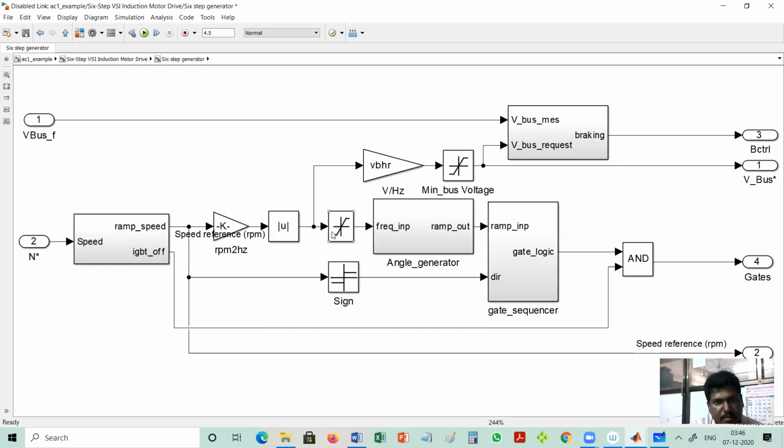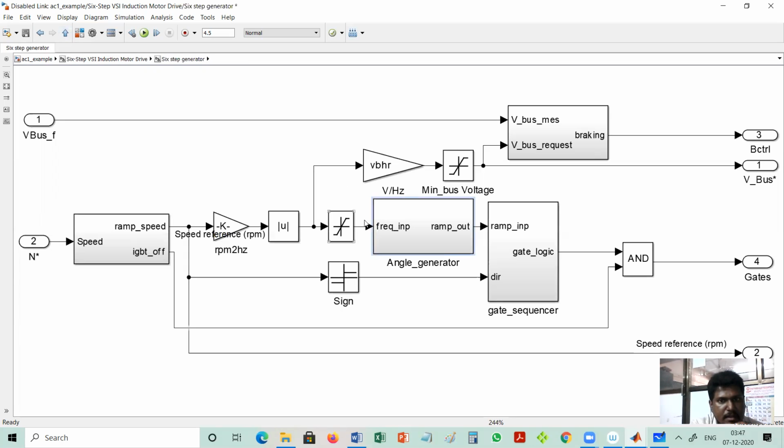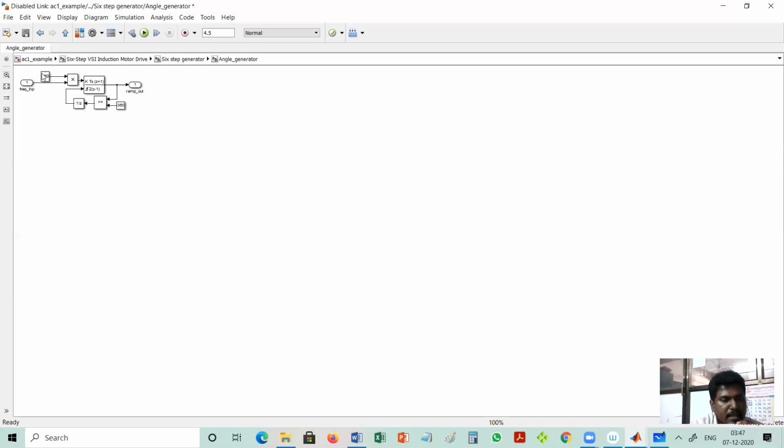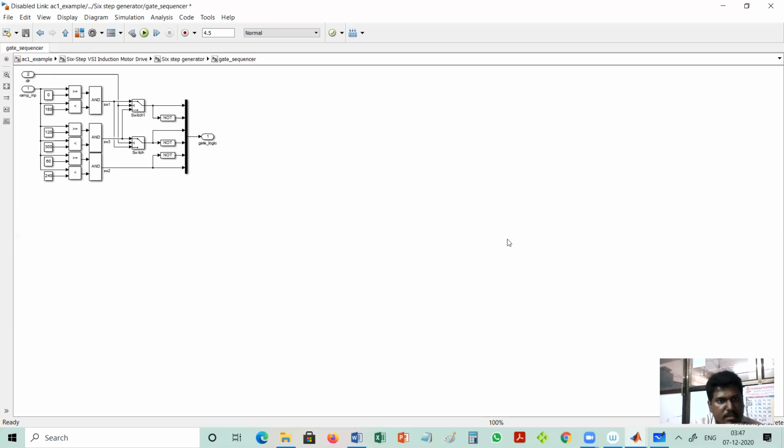So we will get a frequency command here. This frequency input is converted into theta by taking the integration of it. This is the discrete integration of frequency, and that theta is given as input to the gate sequencer or pulse generator.